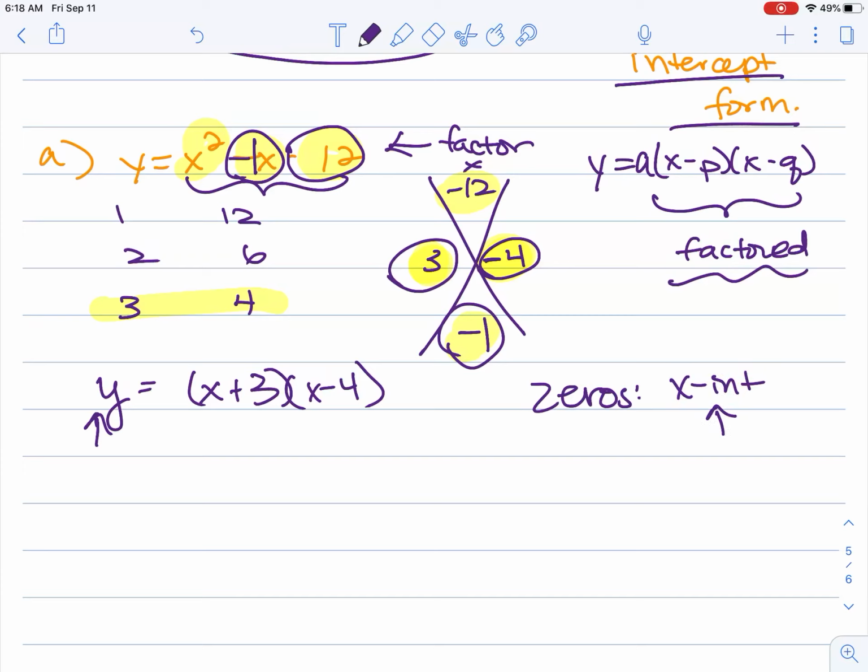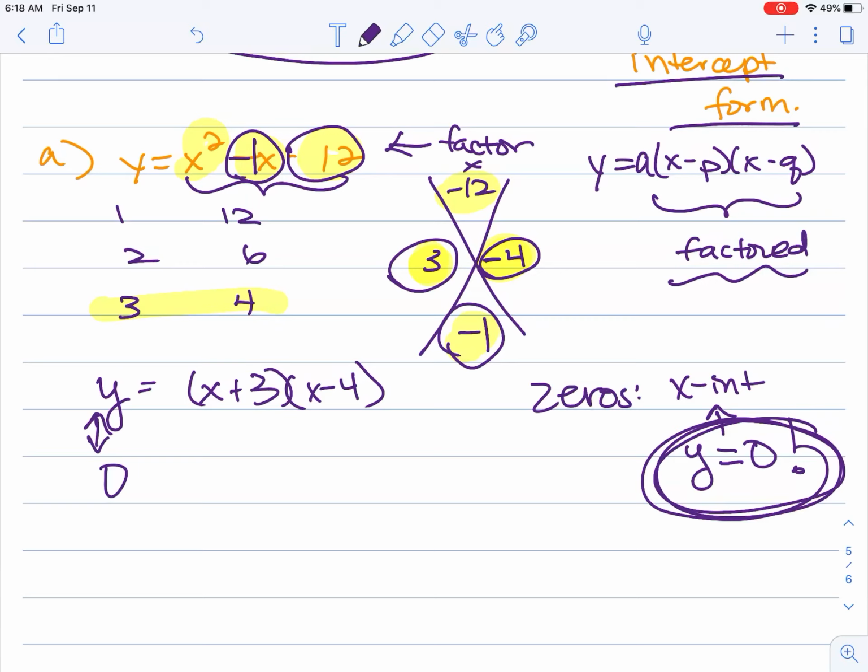And what do we know about the x-intercept? We know that the value of y is 0. So if I'm looking for zeros, I'm basically going to set the y equal to 0. Okay, so to find the zeros, we set the y equal to zero.